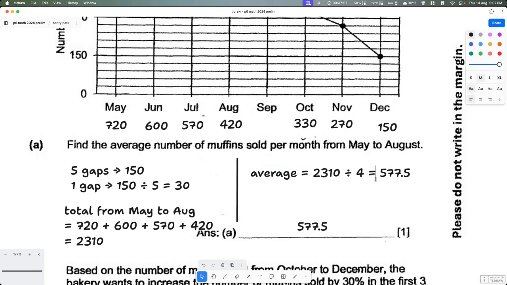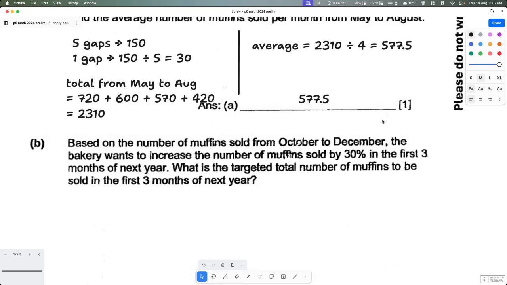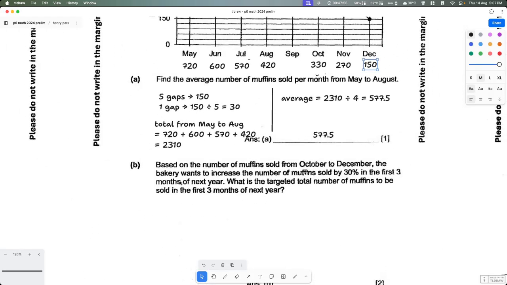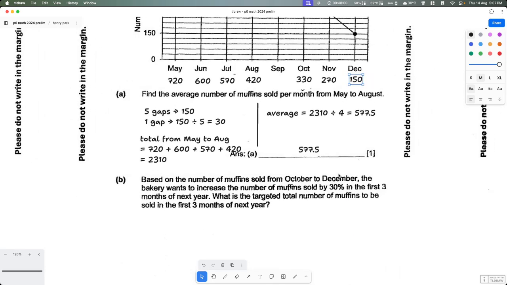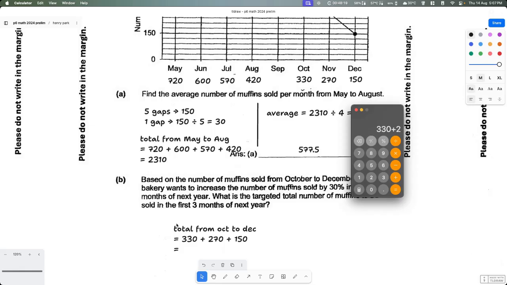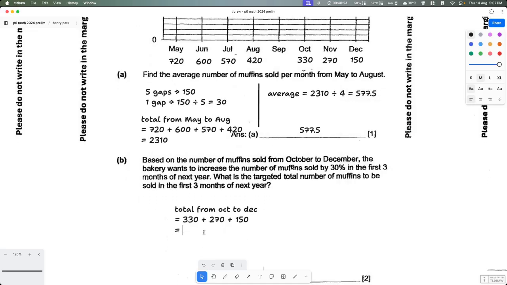Okay, so that means we need to calculate the total, and we want to increase the number in the first 3 months of next year. So we can just get a total from October to December, which is equal to 330 plus 270 plus 150. This will give us 750.